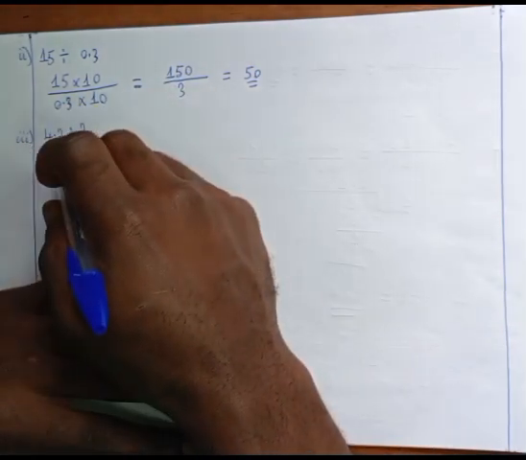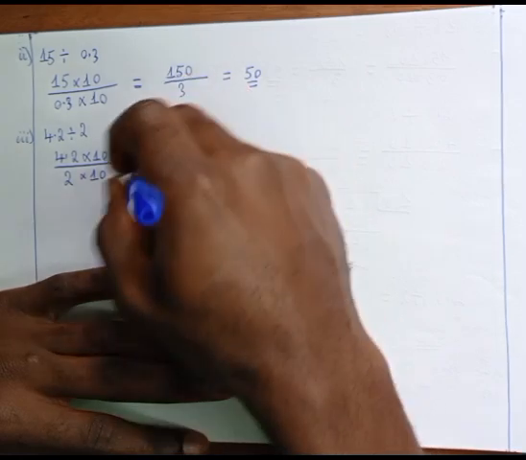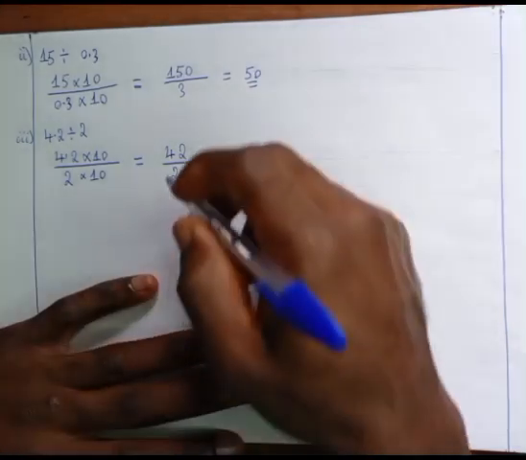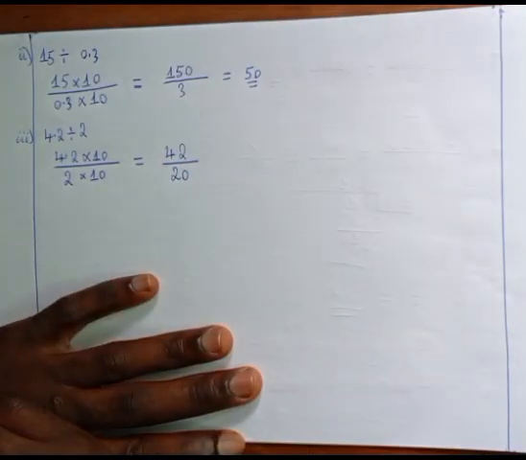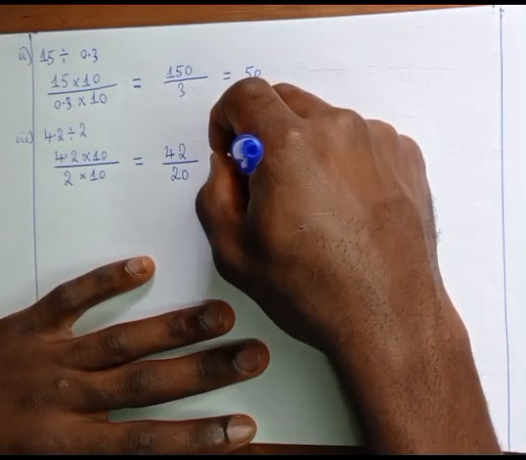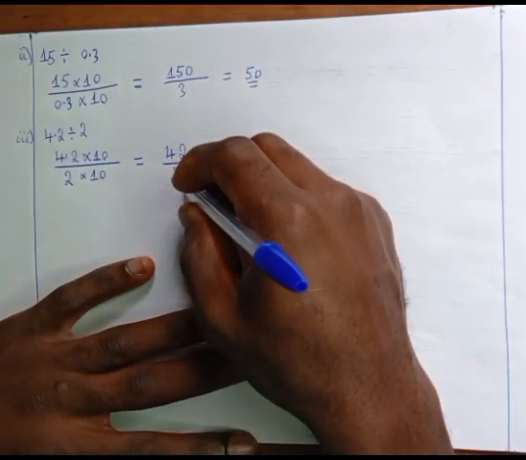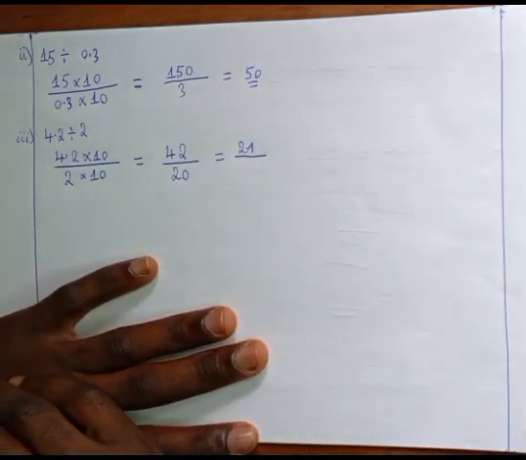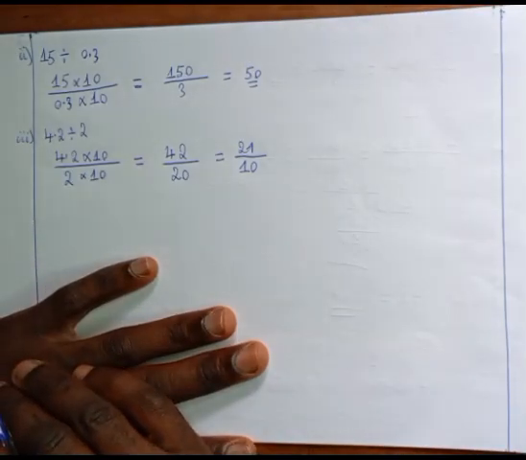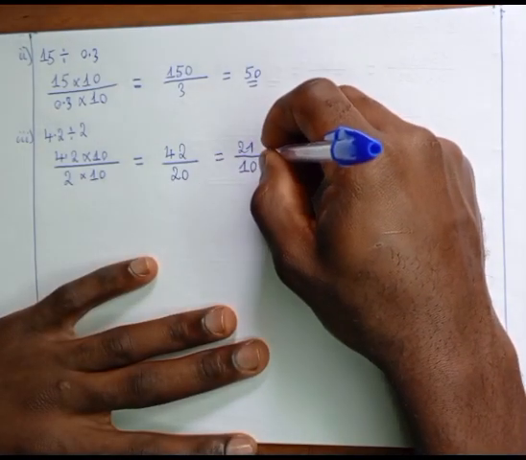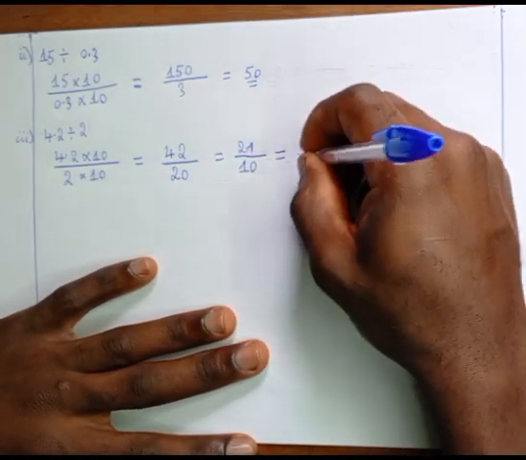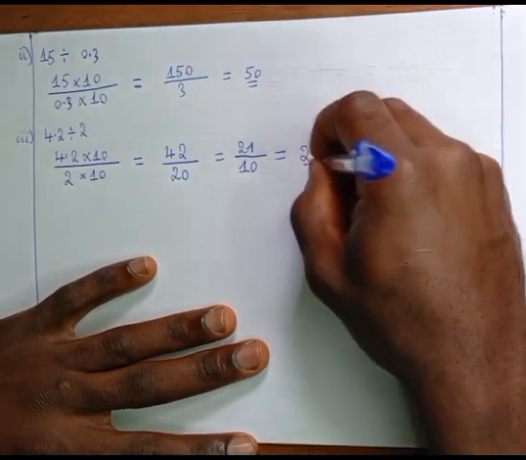So this will simply be equal to 4.2 times 10 gives us 42 all over 2 times 10 gives us 20. The HCF of 42 and 20 is 2. 42 divided by 2 gives us 21 all over 20 divided by 2 gives us 10. We are going to obtain 21 over 10. 21 divided by 10 will simply be equal to, we are going to take the decimal point one place to the left, 2.1. So this is our answer.